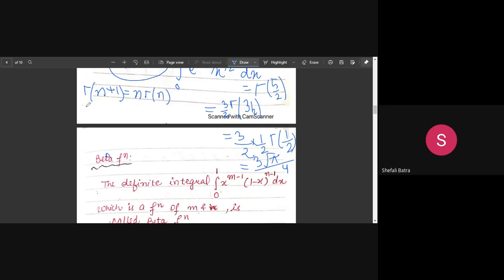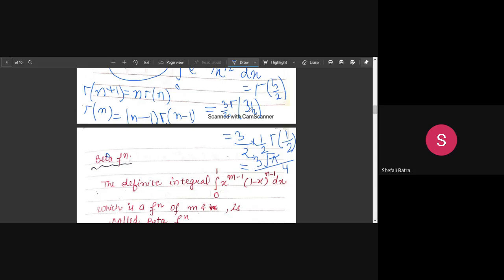Or I can say that gamma n is equal to n minus 1 gamma n minus 1. You can read it in either way. You need to find out gamma 5/2. So using this formula, 5/2 minus 1 is equal to 3/2, gamma 3/2.